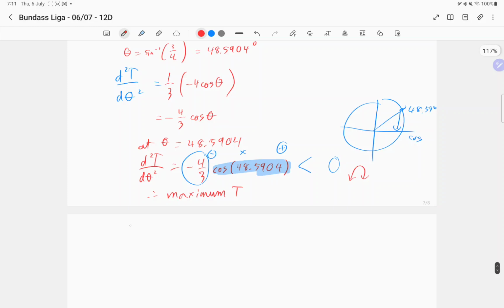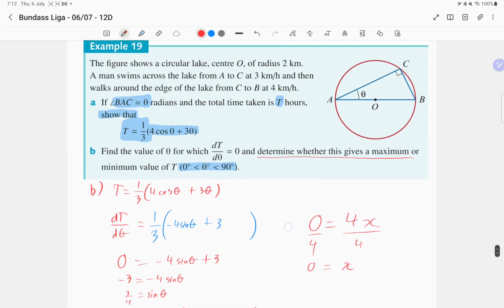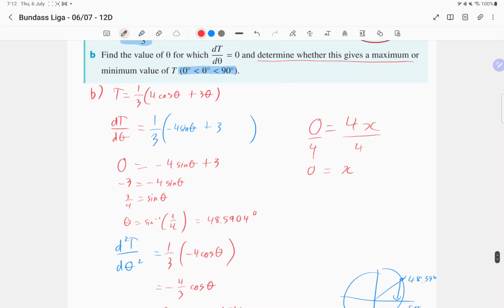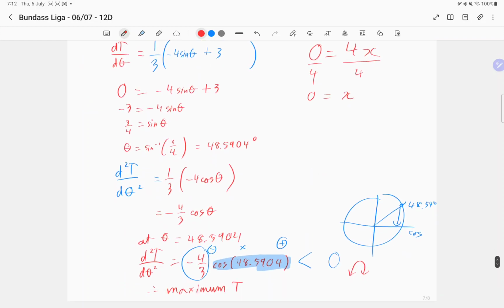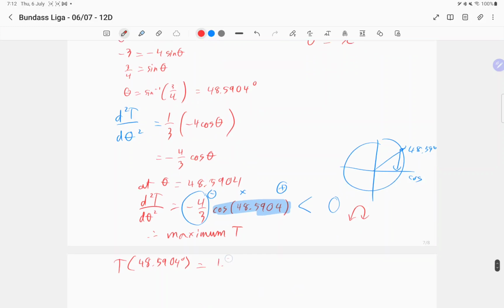And so the actual value t at the angle 48.5904 degrees would be found by substituting that into the t equation, and then you get the actual total time. Okay, let's see, 1.73 hours.